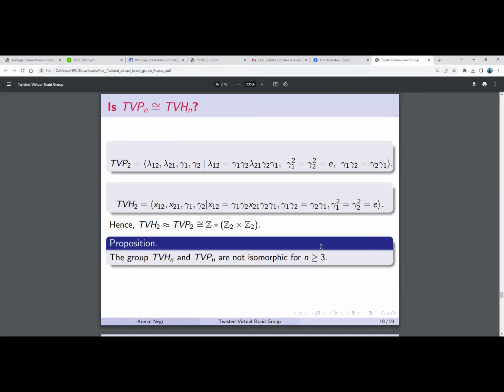But for n greater than or equal to 3, these are not isomorphic. We can prove this by showing that the abelianizations of these subgroups are different. If the abelianizations of two groups are different, then these two groups can't be isomorphic.